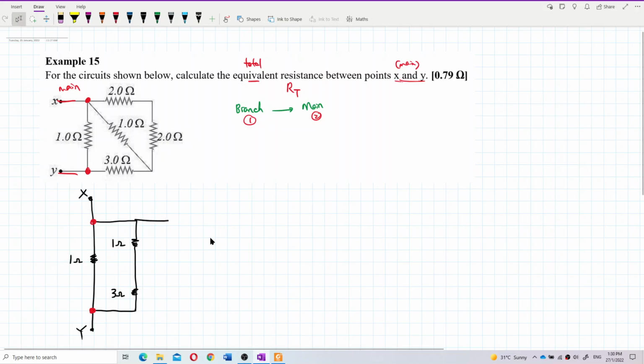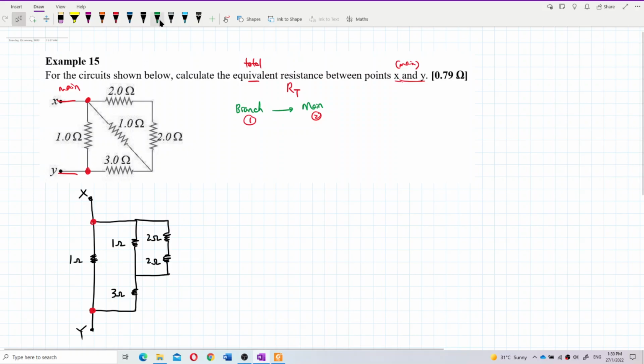Draw from here, and then 2 ohm, and then also 2 ohm, like that. So this is the 2 ohm, and this is the 2 ohm. You see that?